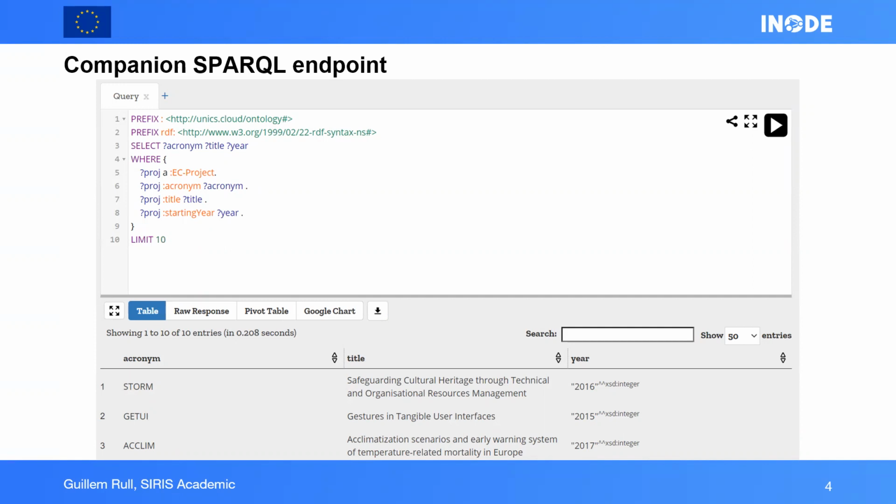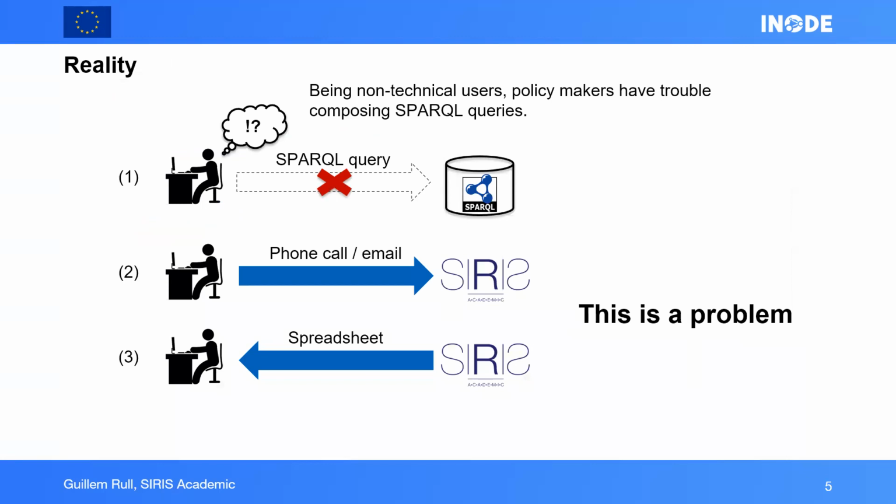In principle it sounds very nice, but the problem is that in reality, since our clients are not usually technical people, they have problems with actually writing the queries. They know what they want to ask, and they may even understand the actual structure of the data, the domain ontology.